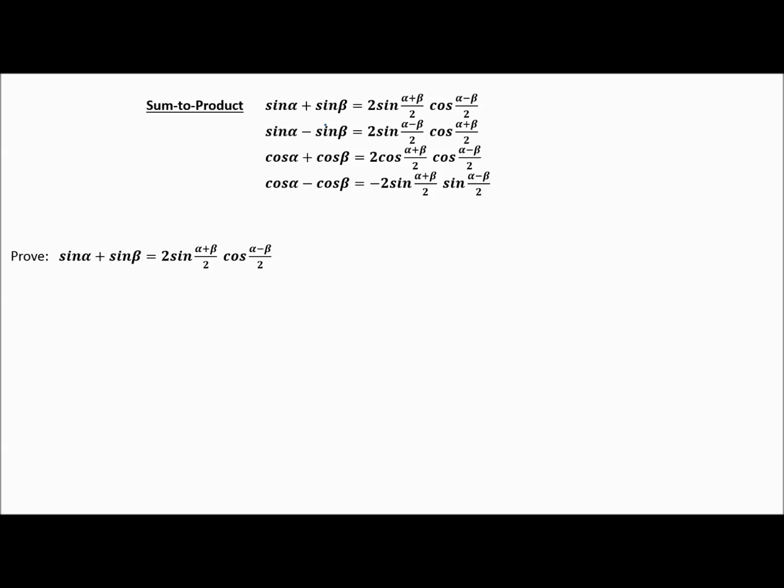We want to prove at least one of these, and all of them have the same type of explanation to get the proof, but we're going to start with the more complicated side, which appears to be the right-hand side. So the right-hand side is equal to 2 times the sine of alpha plus beta over 2 times the cosine of alpha minus beta over 2.